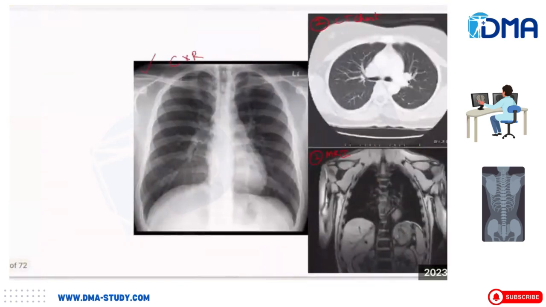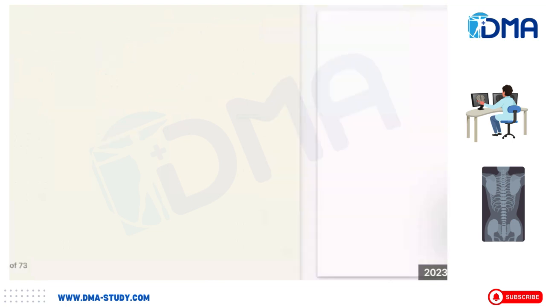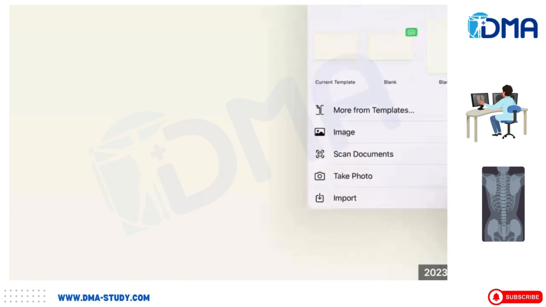If you come to the theory as such, X-ray was discovered by Roentgen. You know that it's an electromagnetic radiation.